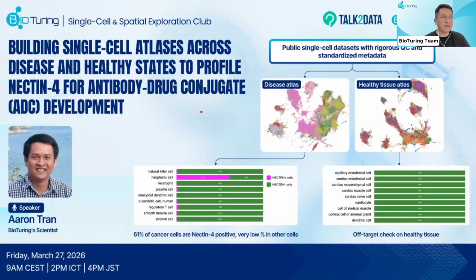From that, I can also give some basic examples of how we can use public single cell data, which is curated data with standardized QC and metadata, to achieve this goal.